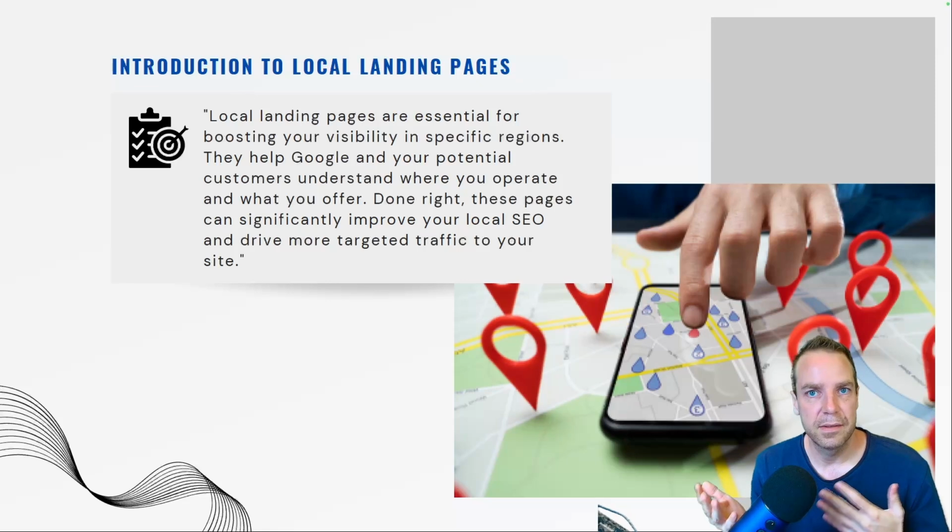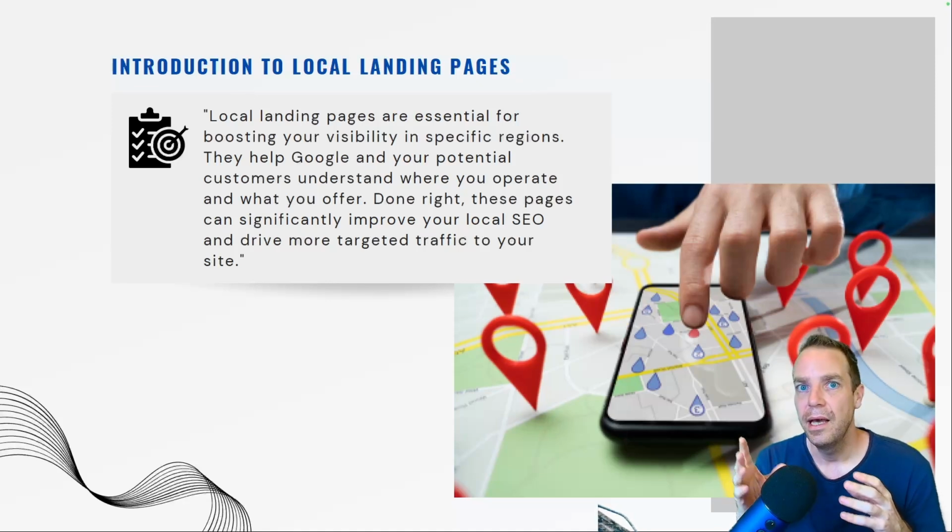With these local landing pages, you show Google and also real users what services you offer and in which area, so that Google can see exactly that you serve this specific service in this area, and the real user knows exactly that they can call you or book the service with you because you are the right business.